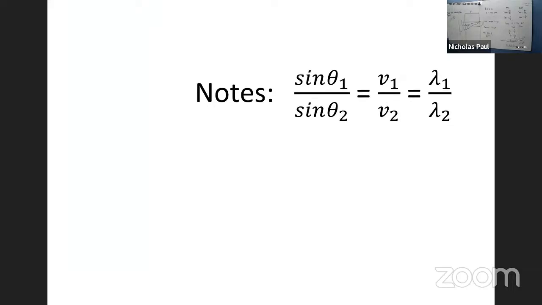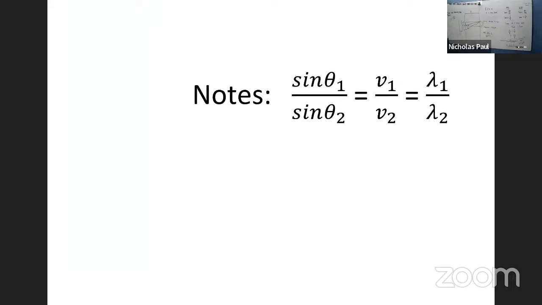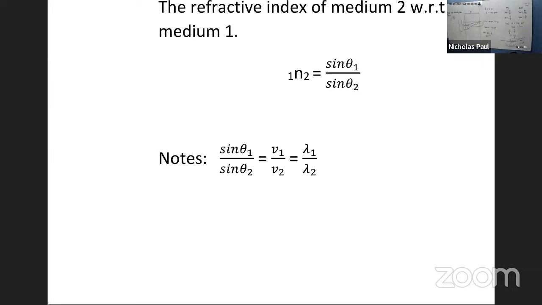Just quickly, make a note of this. Please remember that refractive index is also speed in medium 1 over speed in medium 2, wavelength in medium 1 over wavelength in medium 2. What remains the same during refraction?